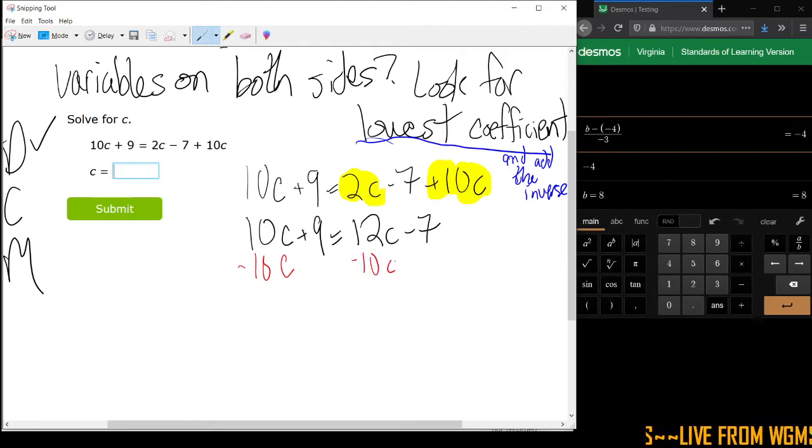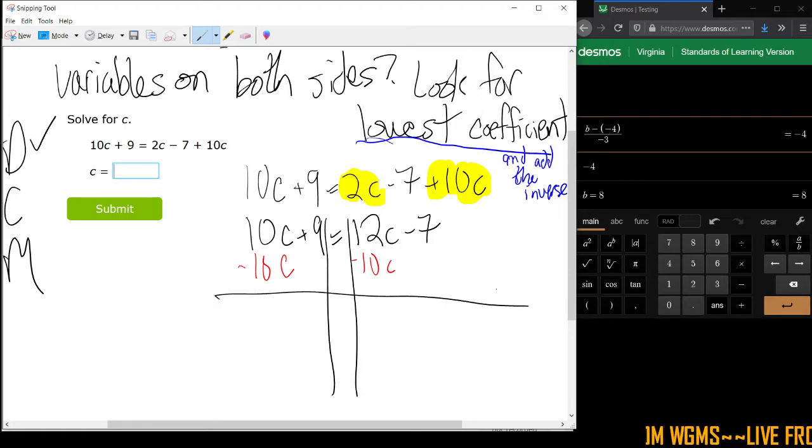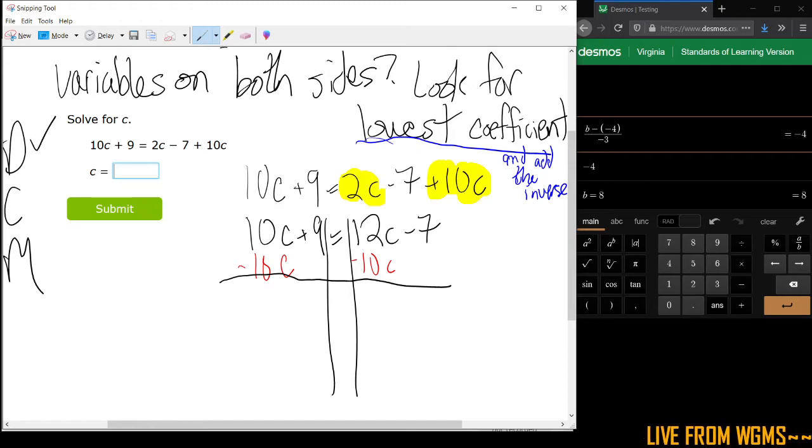So I subtract 10c from both sides. That's how I know where to start. On the left, I just have the following. So let me write that out. I'd have a 9, because the 10c's cancel out, is equal to 2c minus 7.